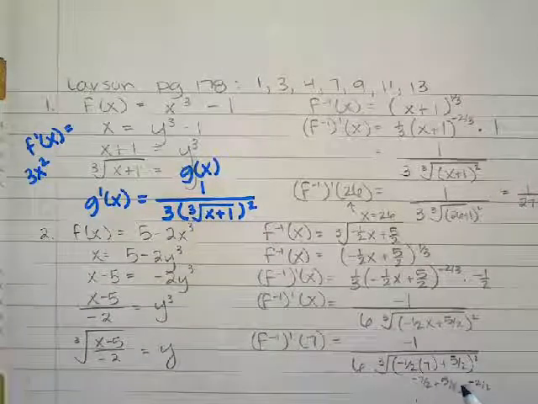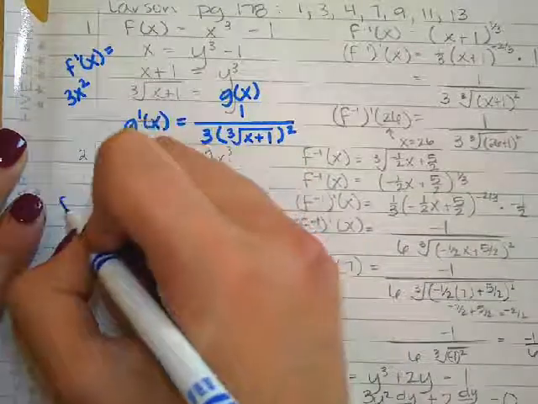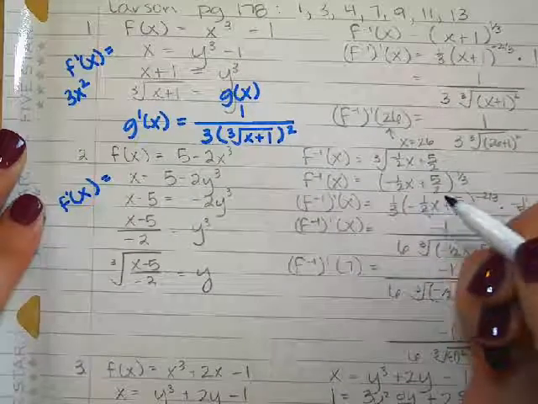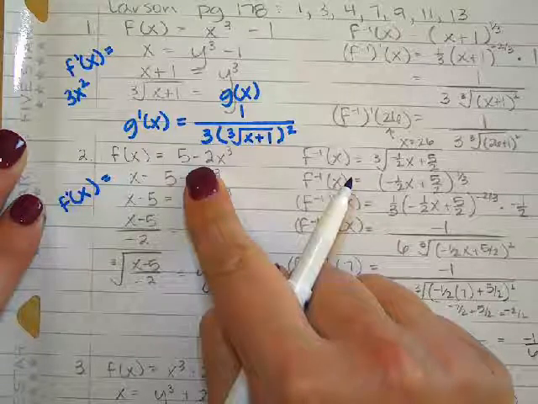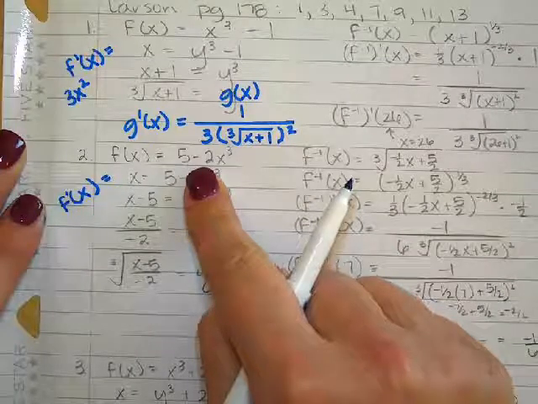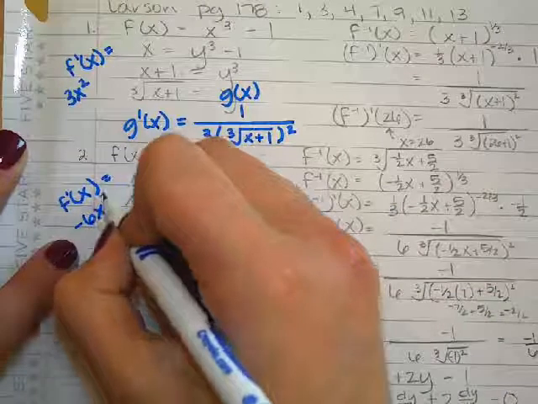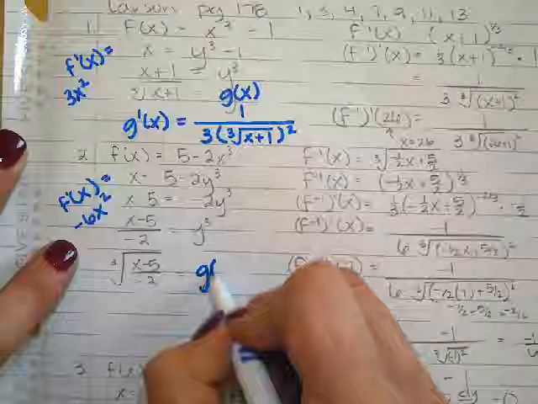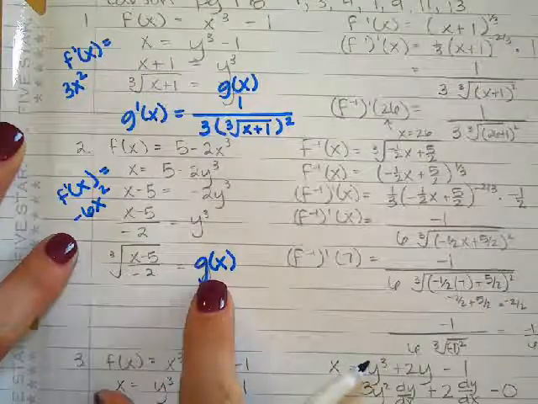It does? Okay. Jump down to number 2. F prime of x is negative 6x squared. This right here is my g of x. There's my g of x right there.